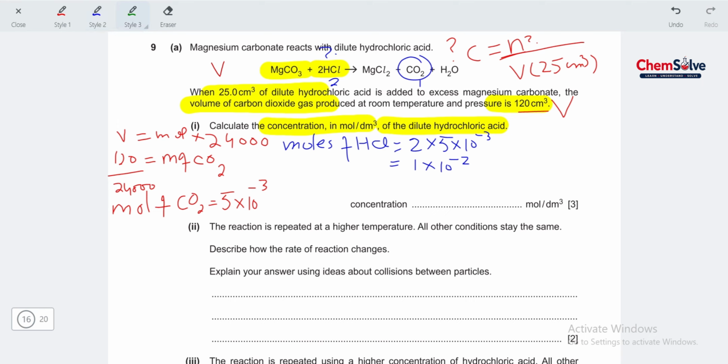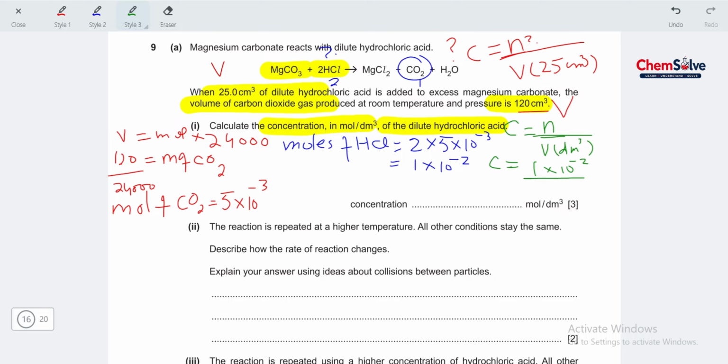Okay. Now coming towards the third part of the question, and that is to calculate the concentration of the HCl. Concentration is equal to number of moles over volume in dm³. So the number of moles of HCl is 1 into 10 raised to power minus 2. We have to calculate the concentration, and for that we need to convert the volume to dm³.